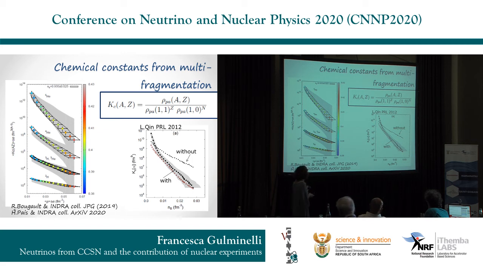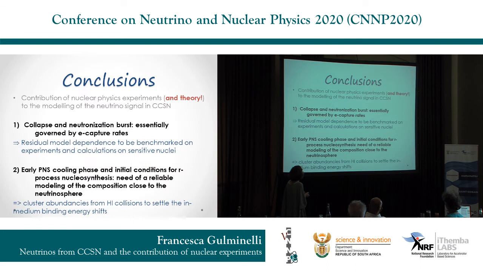So again, this is something which is new. It has to be done in a more extensive way on more systems and so on. But in principle, this is a way to get this value of the binding energy in the medium, and therefore very precise calculations of the abundances close to the neutrino sphere. And that's all.